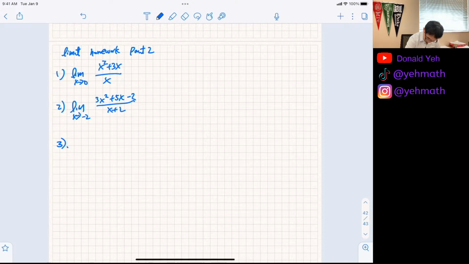The third question is the limit as x approaches 4 over 3 of 27x cubed minus 64 over 4 minus 3x.